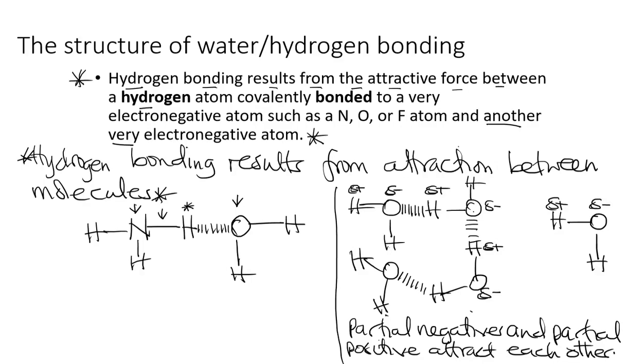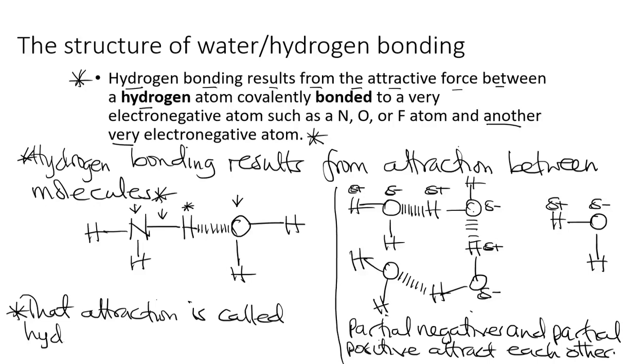Now, once they do that, that attraction is called hydrogen bonding. So that's one thing special about water. Water has this hydrogen bonding. One, it is polar. Two, it has hydrogen bonding.